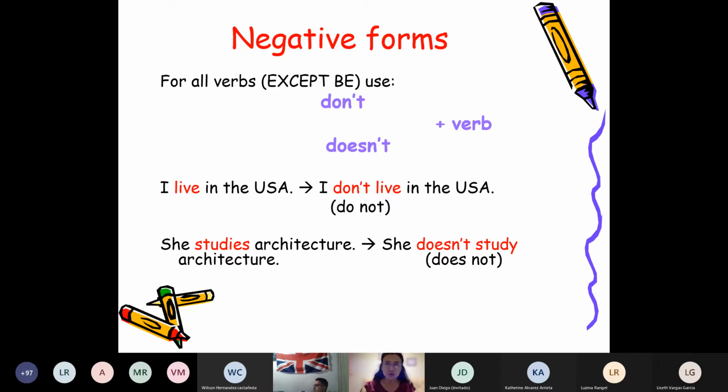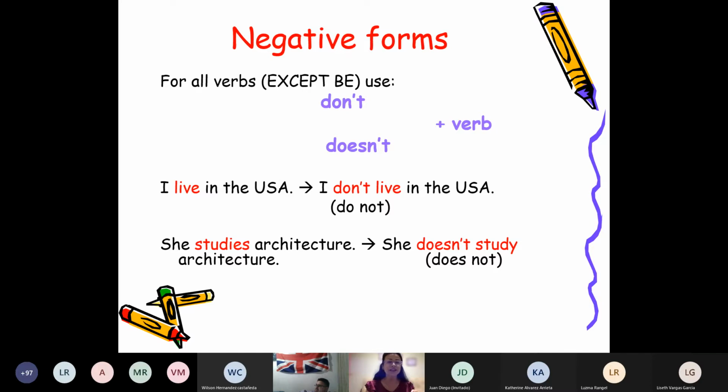Always you use don't in the negative for plural subjects, for example, my students don't study very hard, okay? And does is used with the personal pronouns he, she, it, or singular subjects.